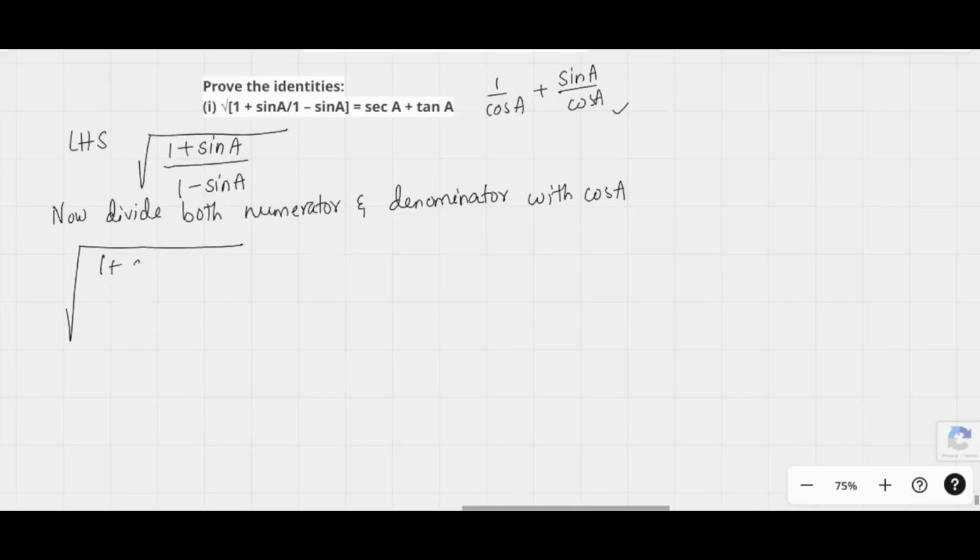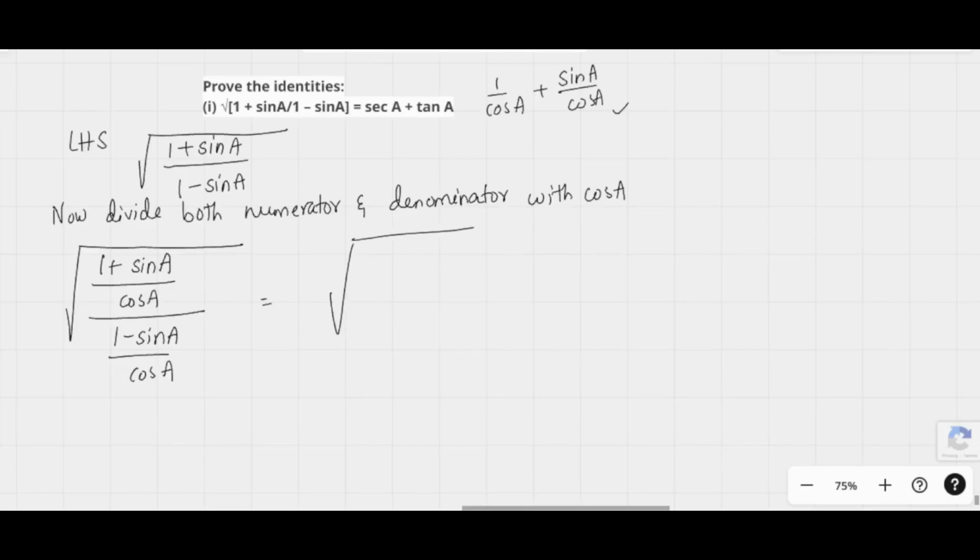Root of 1 plus sine A by cos A divided by 1 minus sine A by cos A, that is equal to, now I am dividing it separately. The denominator cos A is applicable for both 1 and also sine, right? So I am making it separately.